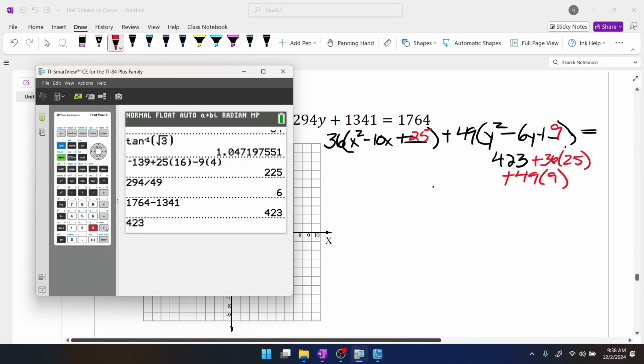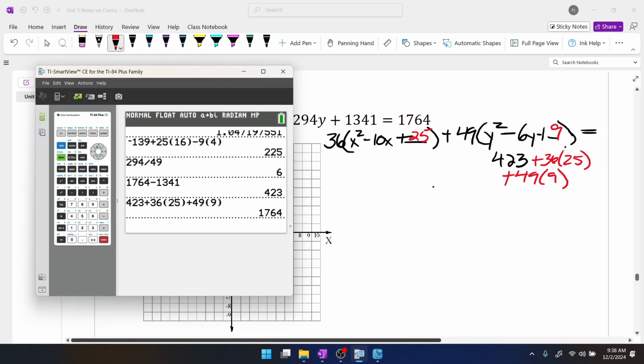So let's see what we got here. 423 plus 36 times 25 plus 49 times 9. And that's going to be 1764, which is what 36 times 49 is going to be.